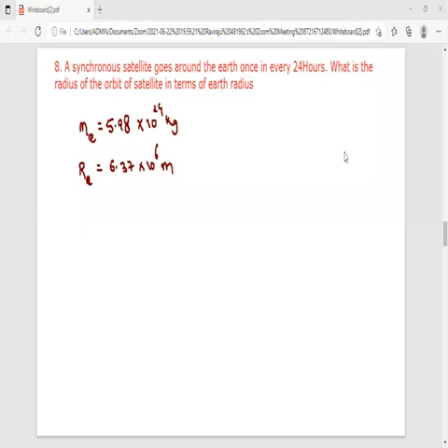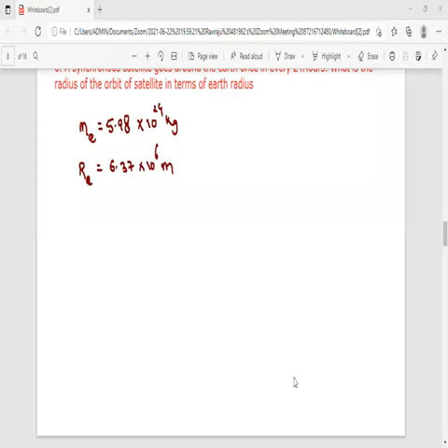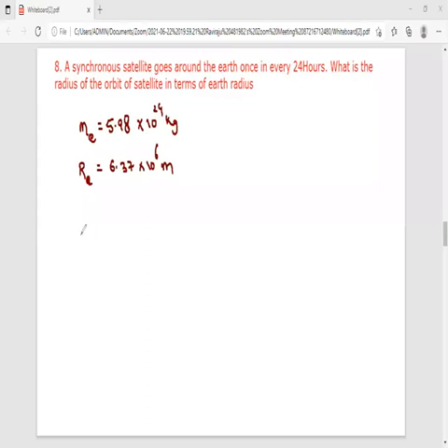So what is the general formula for time period? You can use the equation for time period. From the relation T square is proportional to r cube, you will have T equal to 2 pi root over r cube by G into M. And here this r, better you write it smaller.